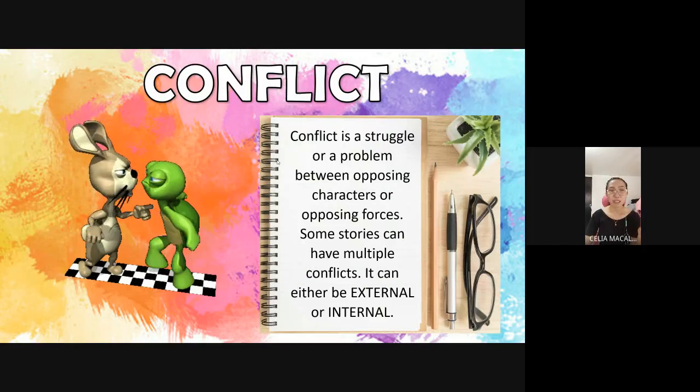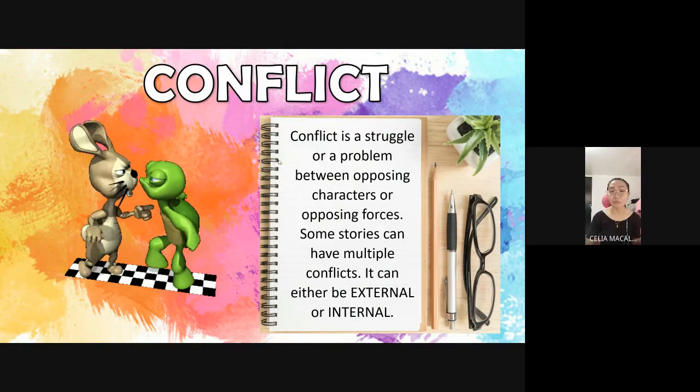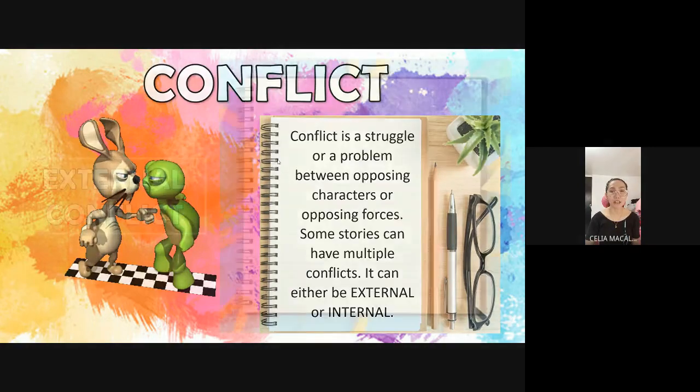Now that we have identified who is the protagonist and the antagonist, we can now understand more about conflict. So, conflict is a struggle or a problem between opposing characters or opposing forces. Some stories can have multiple or many conflicts. It can either be external or internal. So let's first discuss external conflict.